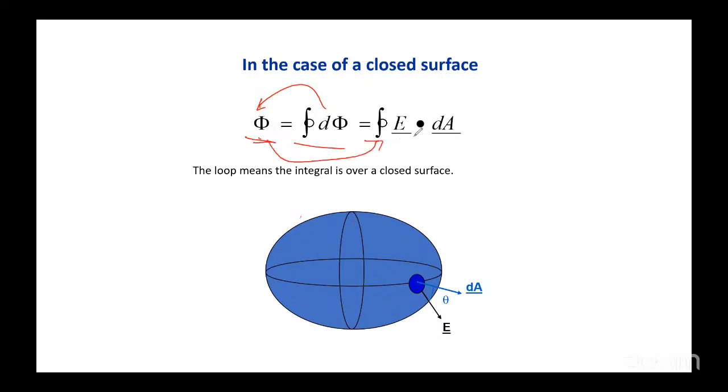According to the definition, phi is E dot ds, or else E dot dA. The loop on the integral means it is over a closed surface. This is the closed surface. So this is the case.